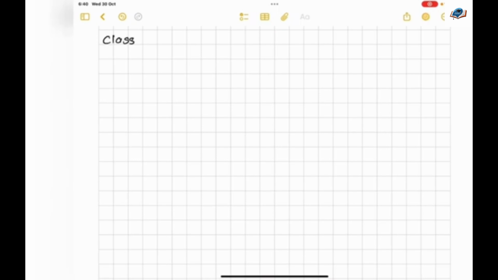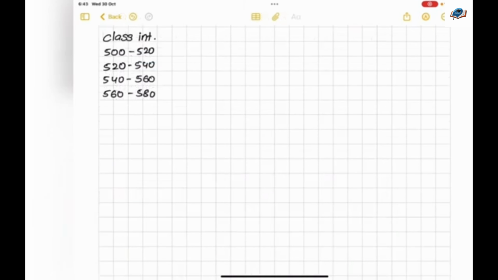So class interval. So 500 to 520, 520 to 540, then 540 to 560, 560 to 580.